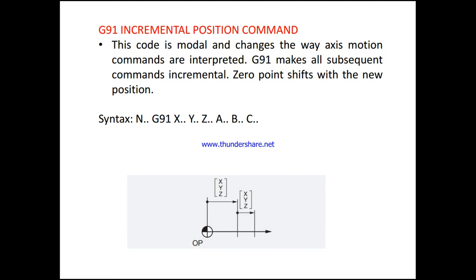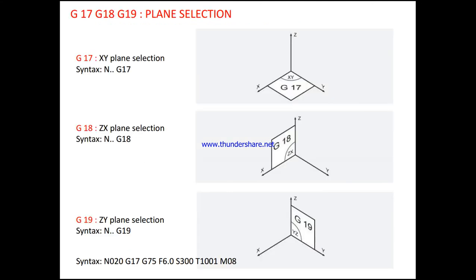The syntax is N as the sequence, G91, X, Y, Z, A, B, C. We have the operating point, OP. From there we take the point as X, Y and Z. When it shifts to the next point, again it takes that as X, Y and Z. So it goes from one point to another in subsequent incremental form. That is the incremental positioning command.